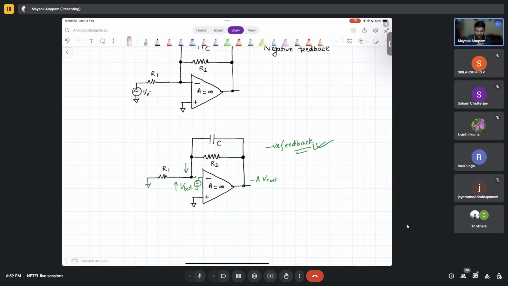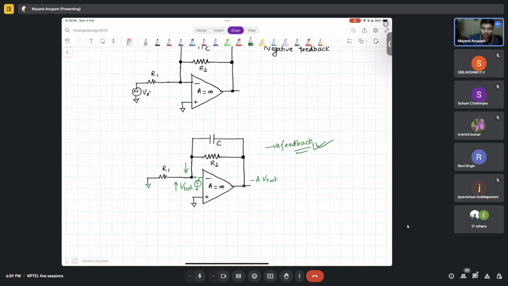Now tell me what is the loop gain? Was loop gain covered in the lecture till now?